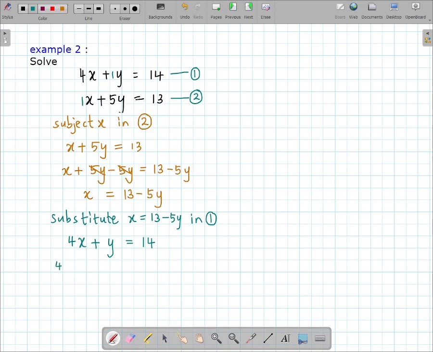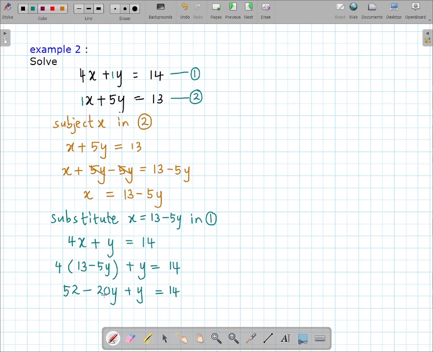That is 4 bracket 13 minus 5y plus y equals 14. And I'm going to expand the brackets. 4 times 13, that is 52. 4 times minus 5y, minus 20y, plus y equals 14.